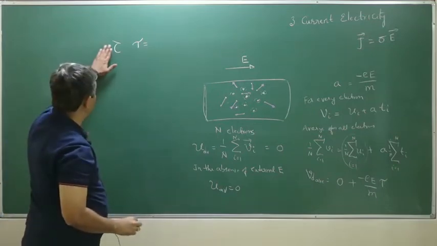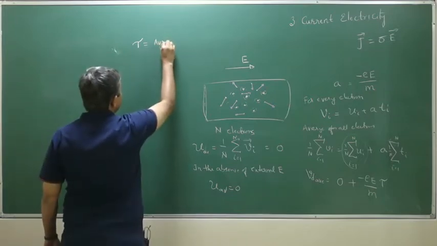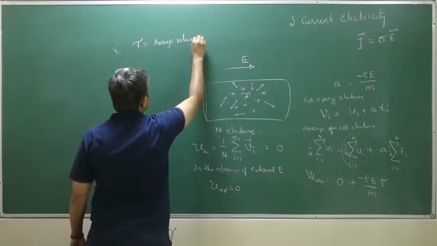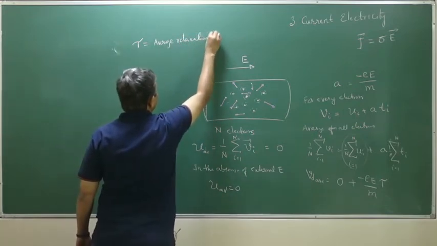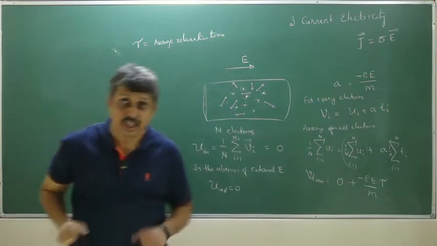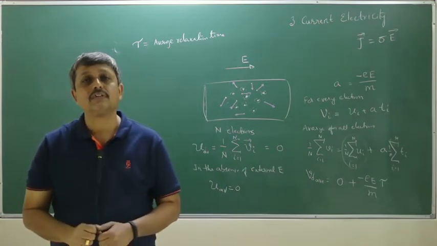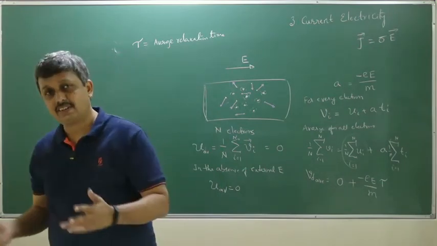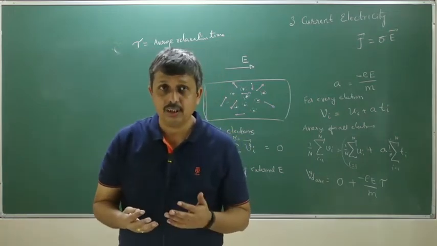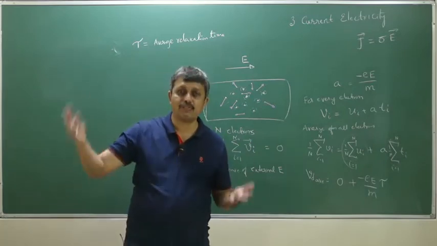Tau is nothing but the average relaxation time. What is this relaxation time? Every electron is just moving and colliding, and after it collides, it relaxes until the next collision. When it collides again, the time is over and it starts fresh.